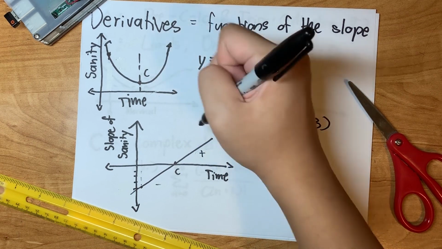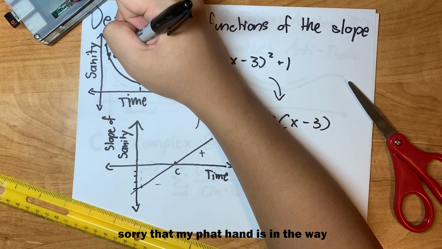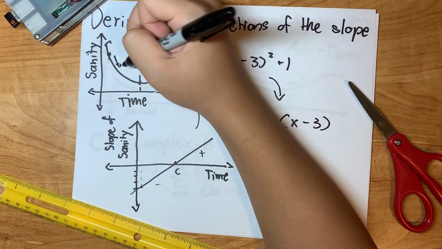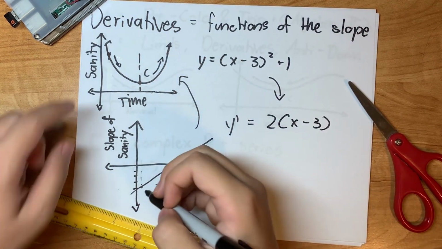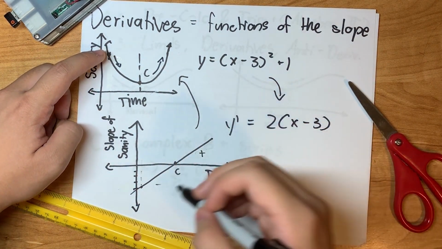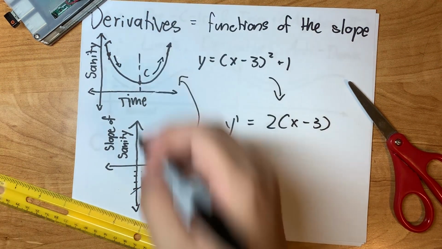Notice how this is exactly replicated onto the first function, where the slope is negative, so the function is decreasing, and at the same x value c, it changes to increasing. So essentially, at every x value, the second function will tell you the slope of the first function.